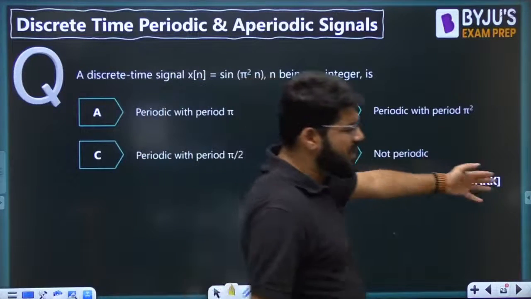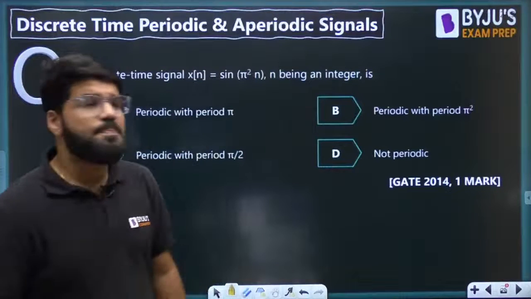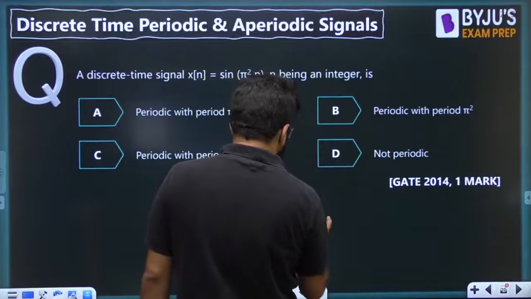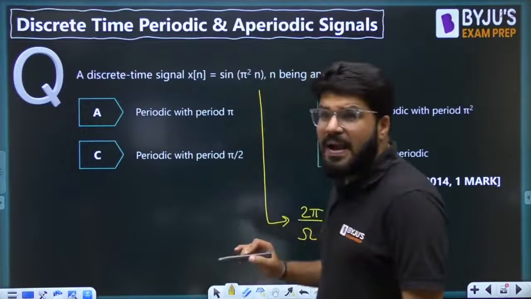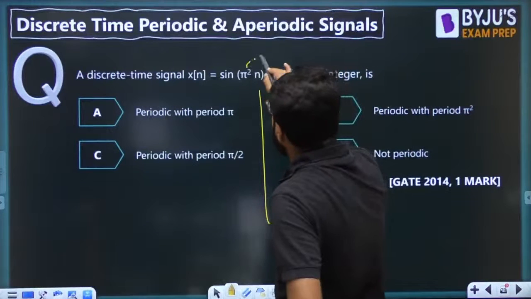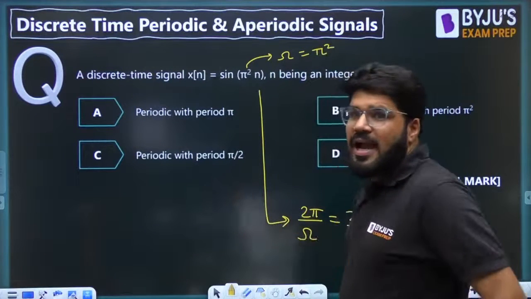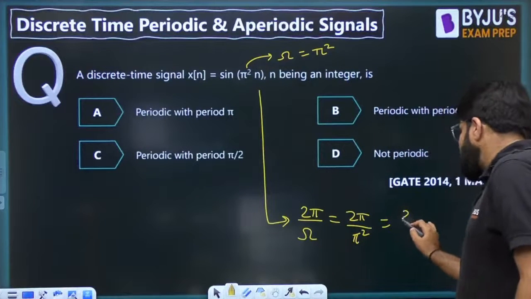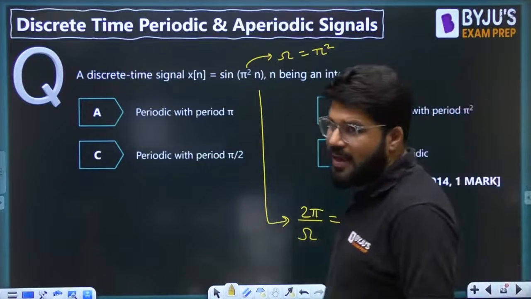Now see, there's a simple GATE 1 mark question, just for reference: sin(π² n). If you compare with sin(ωn), ω is π². When you take ω as π², only one π is cancelled, and you are left with 2π/ω = 2/π.